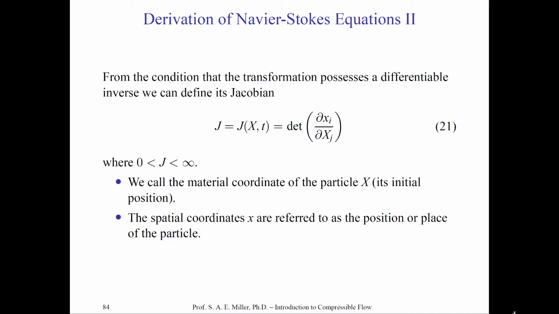This can be written as the determinant of partial x_i, partial X_j. That is partial little x, the original position, with respect to the new position. i and j both vary from 1 to 3, and therefore this is the determinant of, indeed, a 3 by 3 partial derivative matrix. For example, in position 1, 1, we might have partial little x1, partial big X1. In position, say, 1, 3, for i equals 1, j equals 3, we'd have partial x1, partial capital X3.